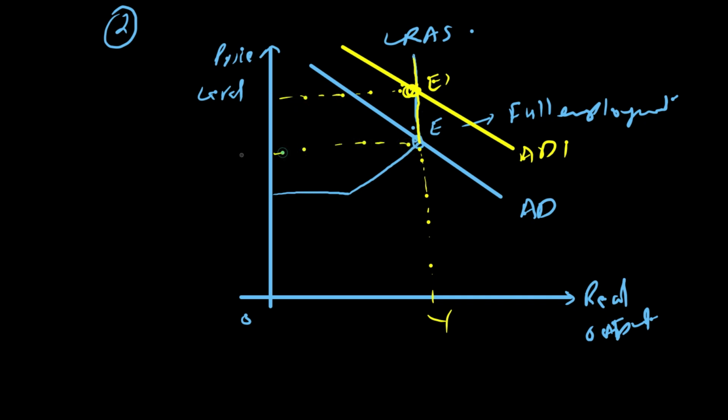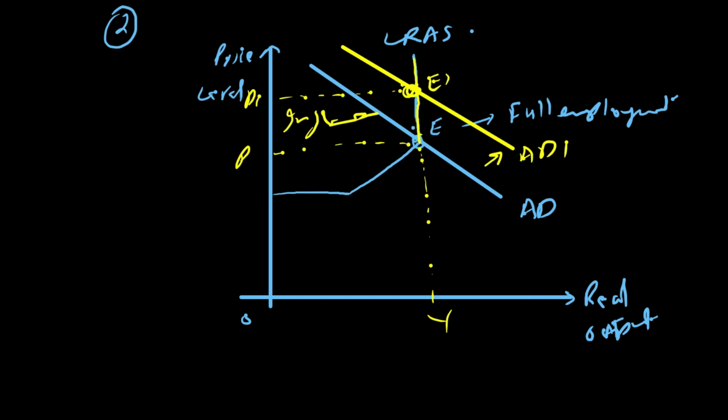This gap represents the inflationary gap. So this graph shows an increase in aggregate demand, which may be due to an increase in consumption, government expenditure, net exports, or greater investment in the economy by multinational companies or local investors.